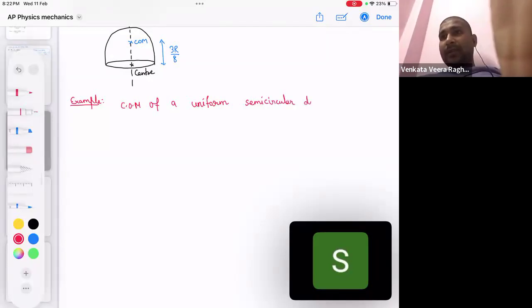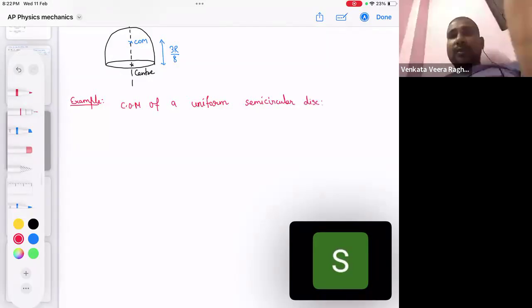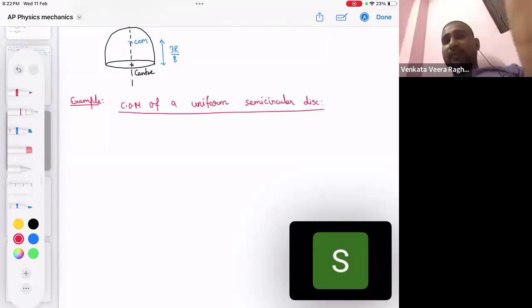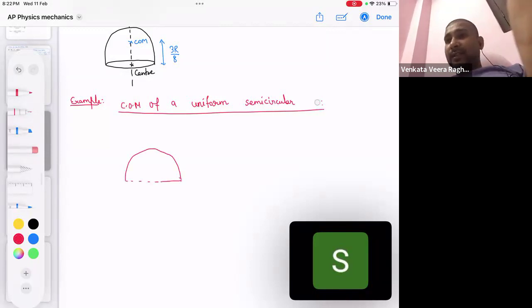A uniform semicircular disk is given to us. Okay, so let's see where the center of mass will come. Sorry, semicircular ring, let's first calculate it, because once we can calculate for the ring, only then can we calculate for the disk.